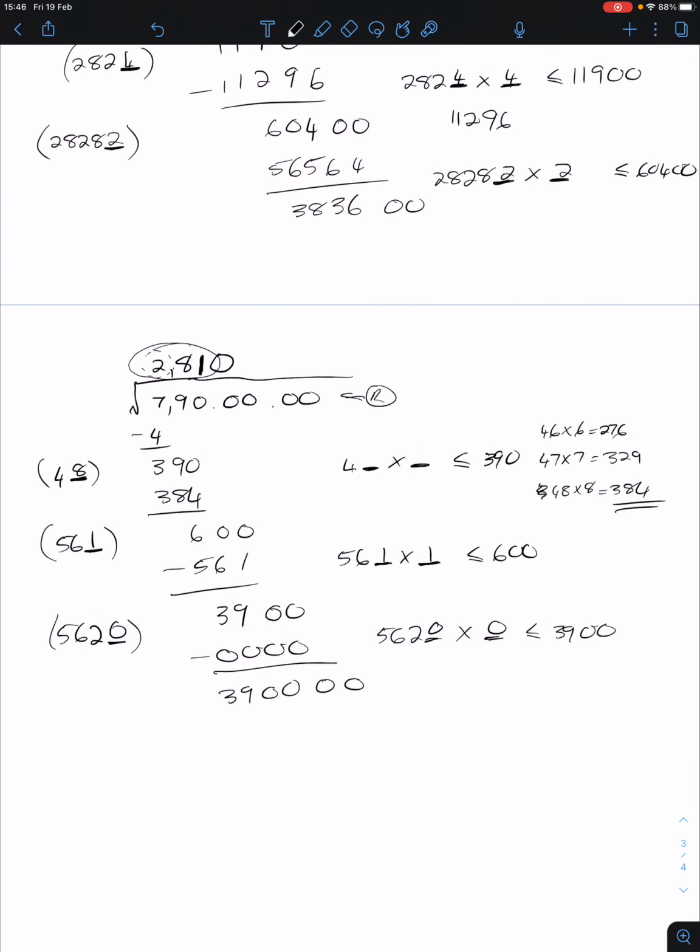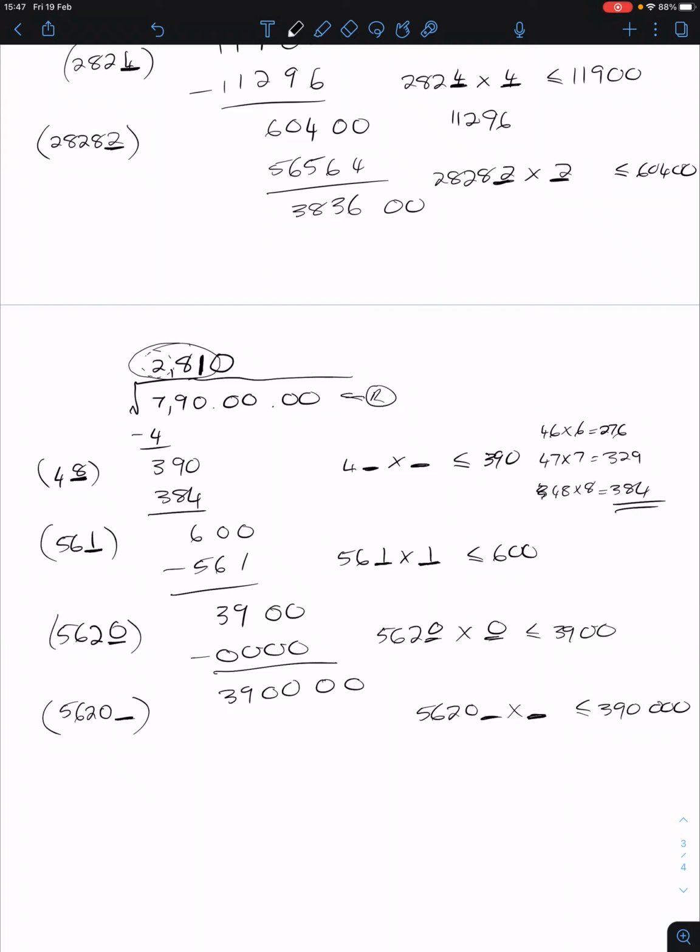Again, we double the one on top. That will give you 5620 and something. So you've got 5620-something times that digit less than or equal to 390000.